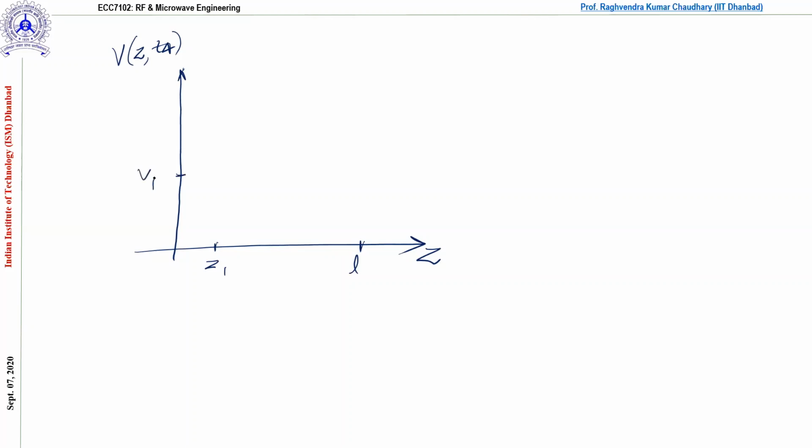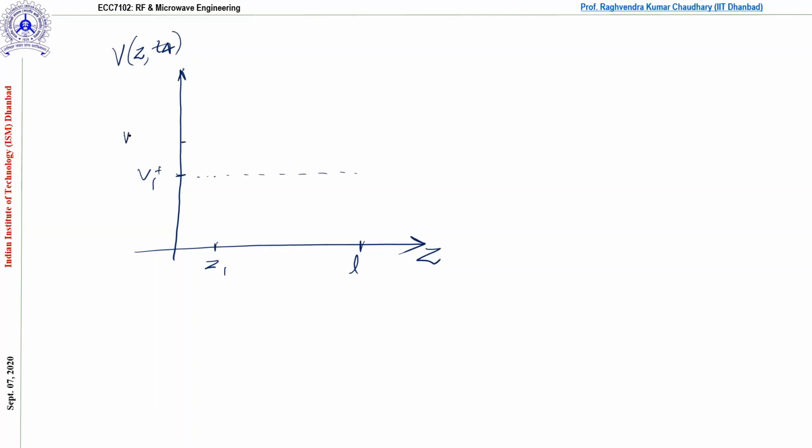So this was Vz. Here the time is fixed, fine. Here the time is fixed, and this is Z. Let's say this is Z1, and this is L. And what will happen? At V1 plus, this is the thing, remember? Then what will happen after this is reflected from the load?